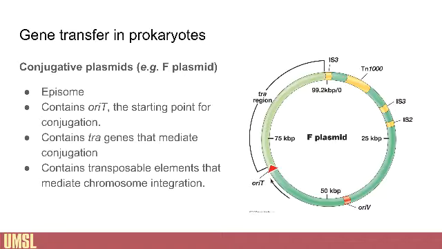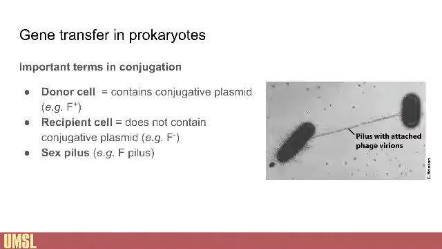And so this tra region on this plasmid encodes a type 4 secretion system that ultimately creates a long retractile bridge into neighboring cells that don't carry this F fertility factor or sex pilus.